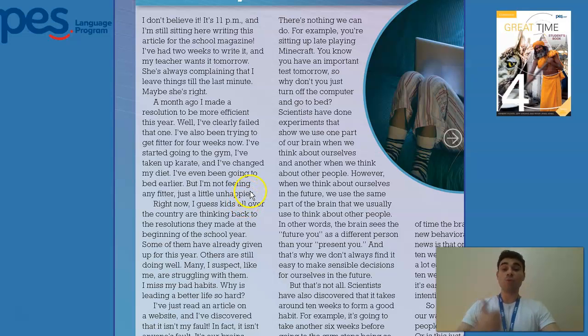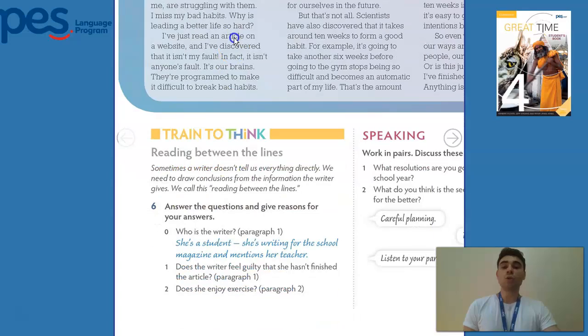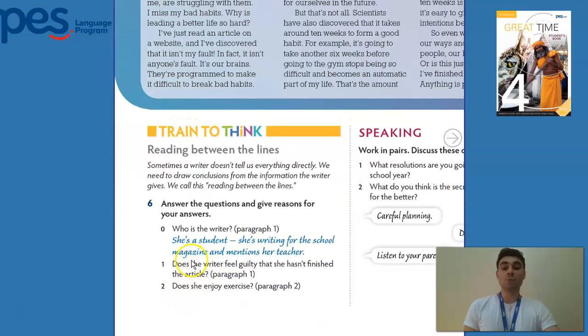So it means that before doing exercises, like going to the gym and taking up karate, she was happier than she is now that she is doing all these exercises. So we can answer number 2 by saying, no, she doesn't enjoy exercise, because before she was happier when she didn't do exercise. Okay? So we're going to move now to the next exercise.